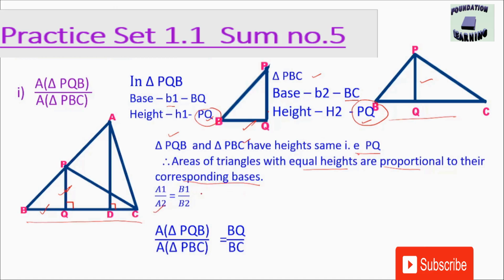A1 upon A2 is equal to B1 upon B2. So what is A1? A1 is area of triangle PQB, which is a question, upon area of triangle, which triangle? PBC, equal to B1 is what? B1 is BQ. What is B2? B2 is BC. So this is the final answer of the first part of the fourth question.